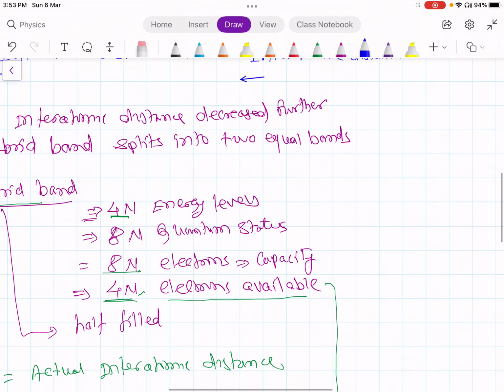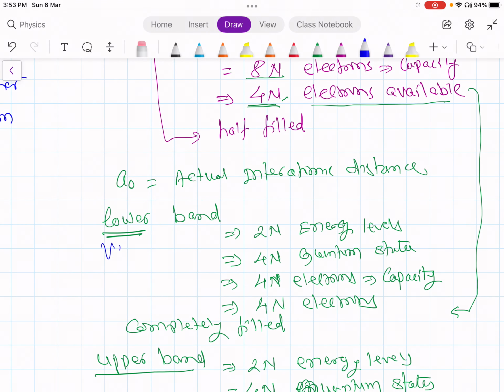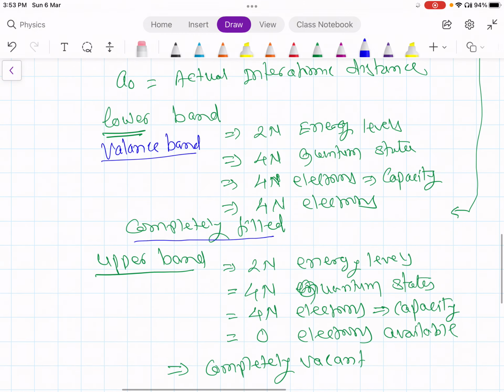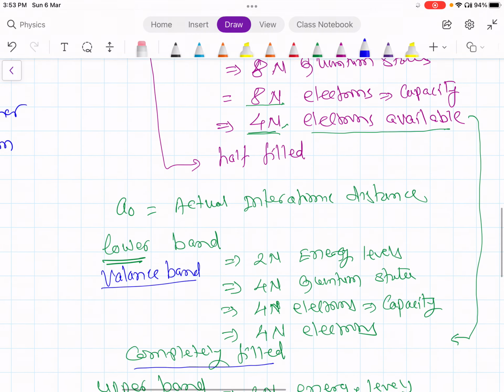So this lower band is the valence band, which is completely filled at absolute zero temperature. The upper band is called the conduction band, and this conduction band is completely vacant at the lowest temperature.